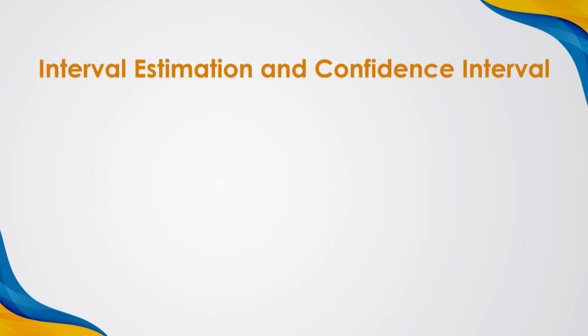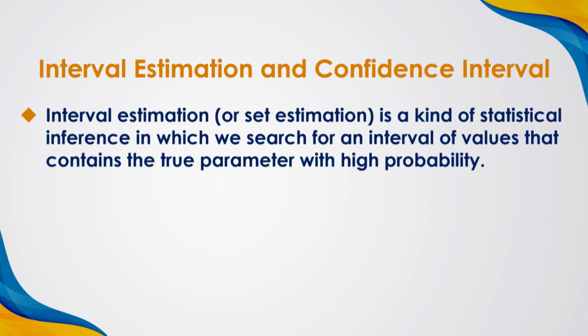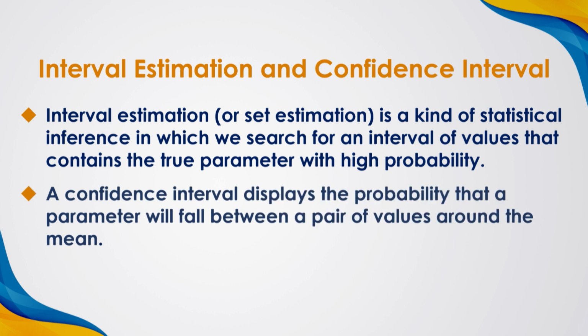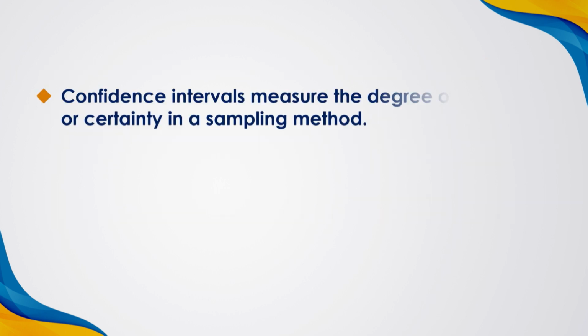Now, coming to interval estimation and confidence intervals. What do we mean by interval estimation? It is a kind of statistical inference in which we search for an interval of values that contains the true parameter with high probability. Then what is a confidence interval? It displays the probability that a parameter will fall between a pair of values around the mean.